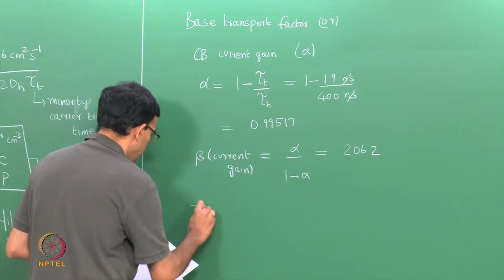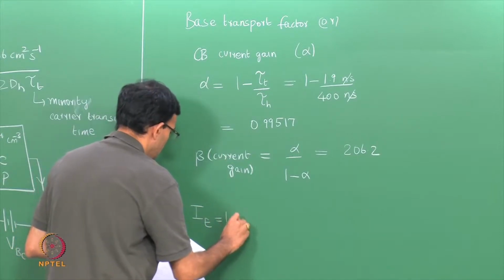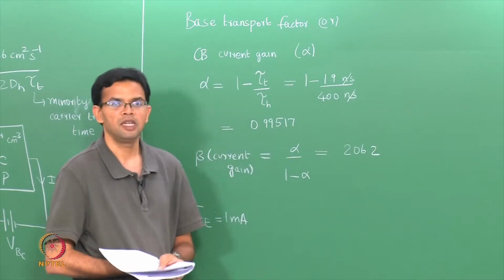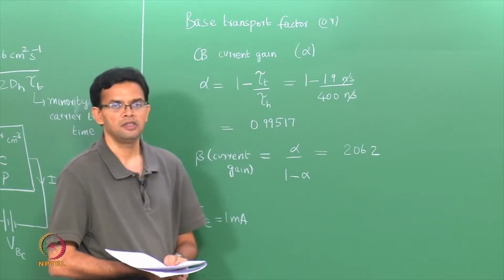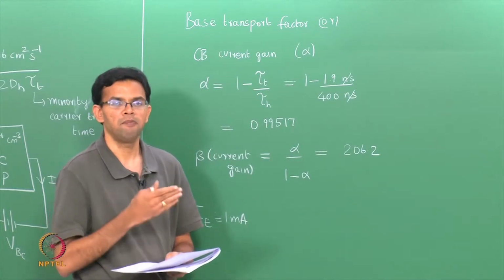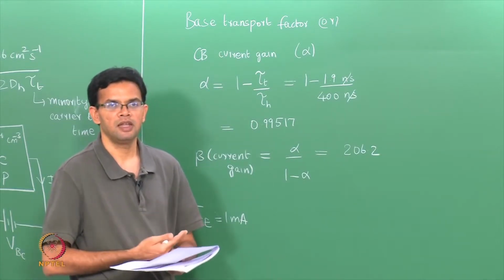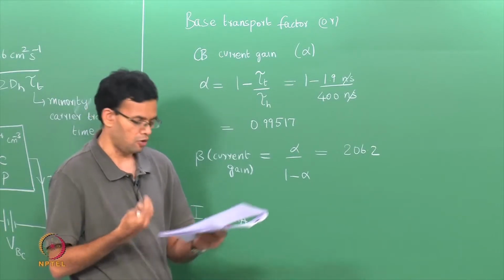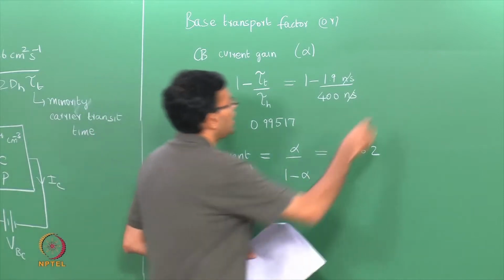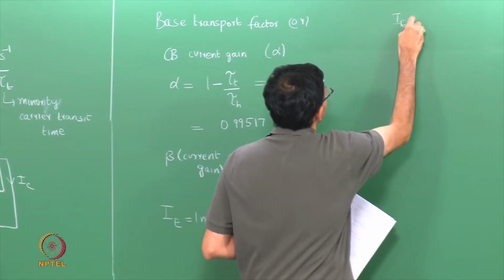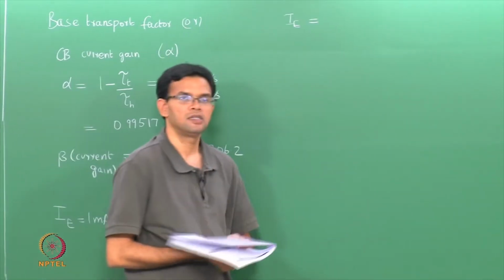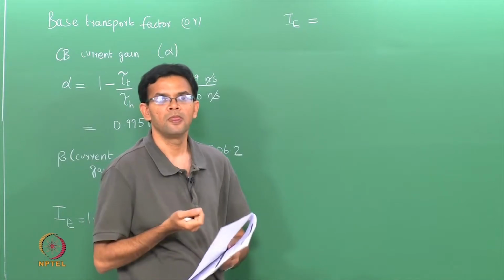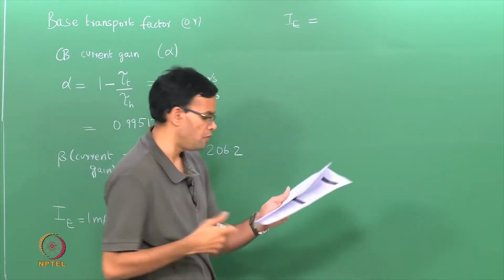So, IE is 1 milliampere. So, if you look in the case of an emitter current, your emitter current is generated because you now have a PN junction between the emitter and the base, and you basically have minority carriers that are injected across the junction. So, IE is nothing but the current that is generated when a PN junction is essentially forward biased.